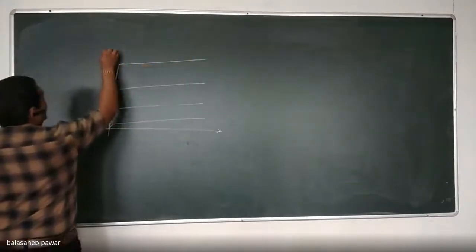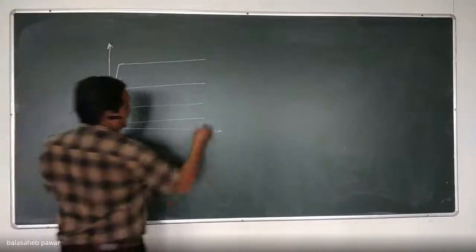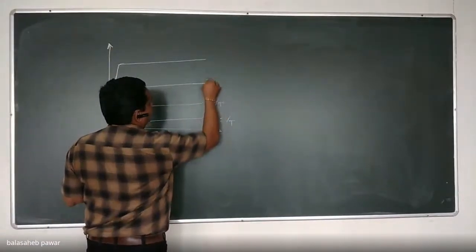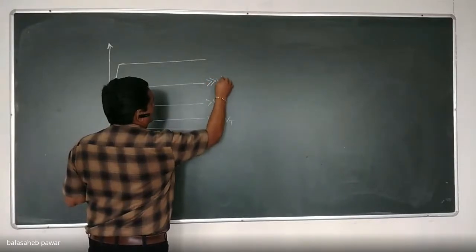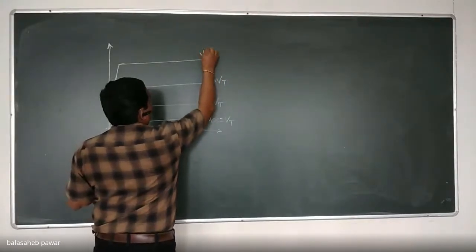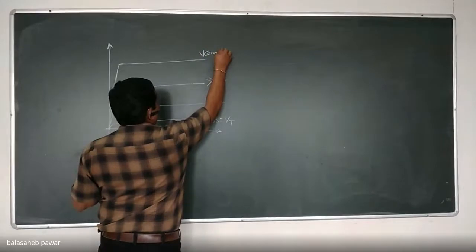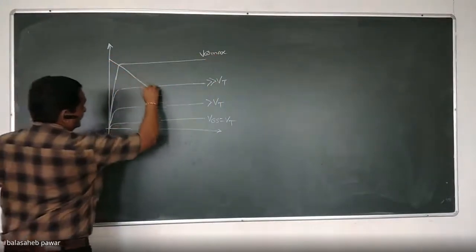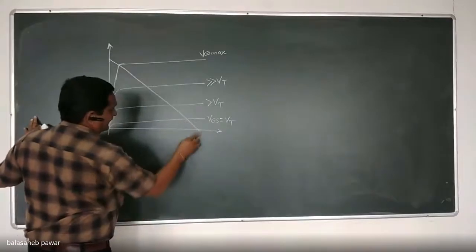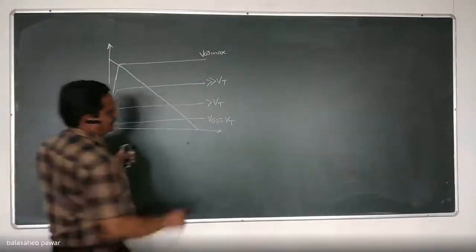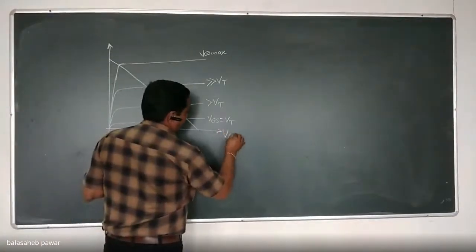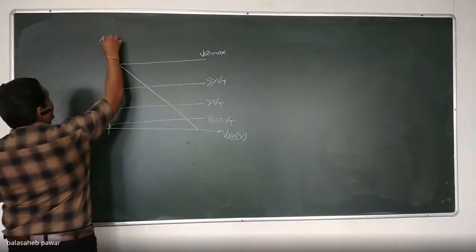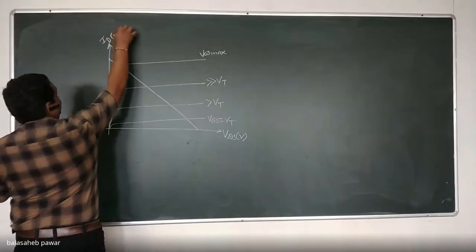For various values of VGS, this one is VGS equal to VT, greater than VT, somewhat more than VT, and this one we will call VGS max. Okay. And we plotted one DC load line also while studying that MOSFET as an amplifier. So this is nothing but the output characteristic. That's why it is between VDS and ID. Okay.